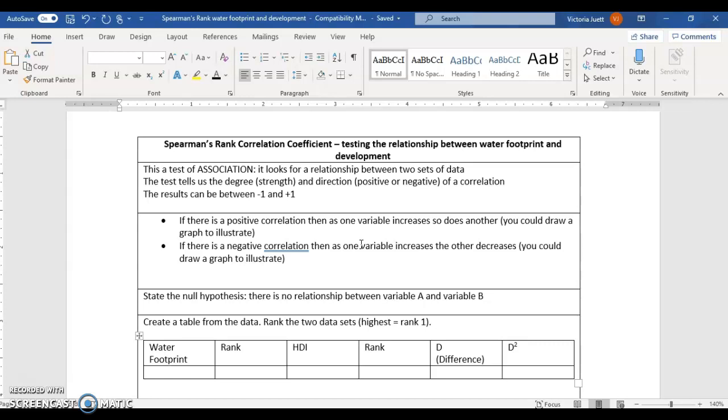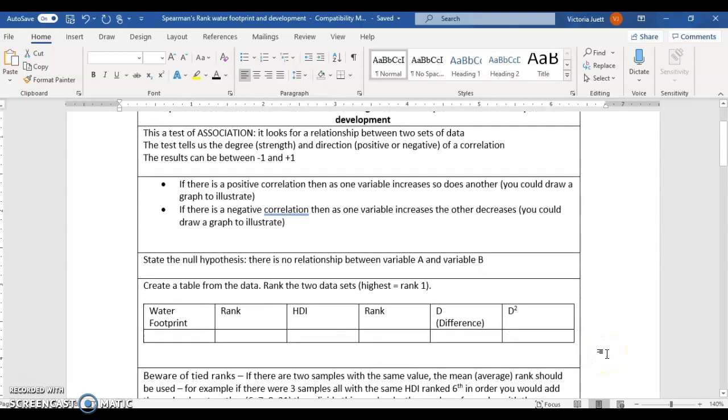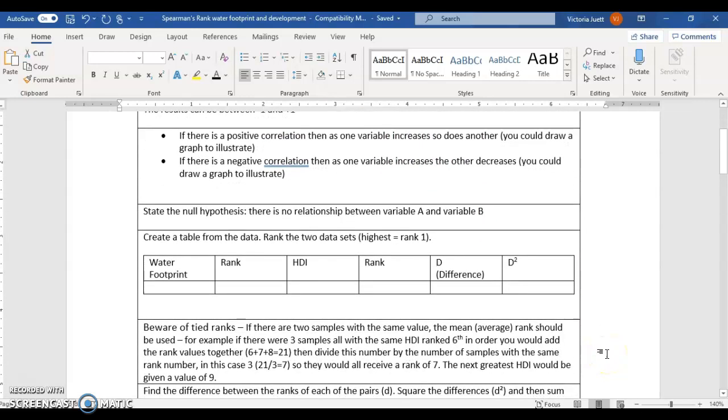When you do this, you need to start with a null hypothesis and try to disprove it. The null hypothesis would be there is no relationship between variable A and B, so there's no relationship between HDI and water footprint. I think you can probably work out that there probably is quite a strong relationship between them already.